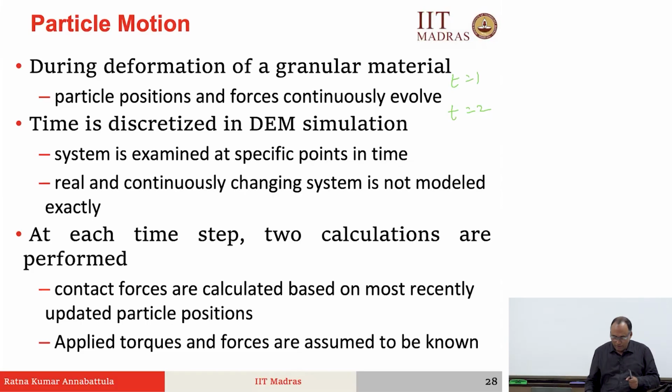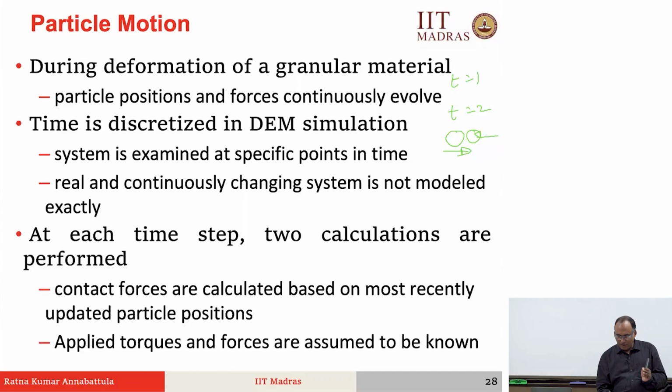So, for example, let us say you have a particle here and a particle there. At this instance, they are not touching, okay? And this one has a direction of velocity this way, and this one has a direction of velocity this way. If your delta t is sufficiently large, right?